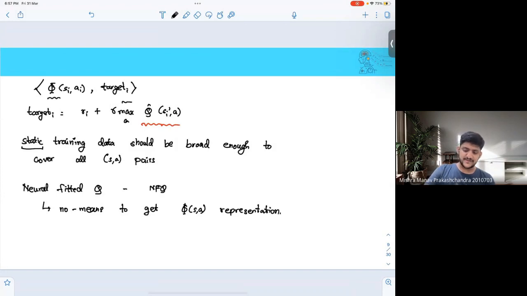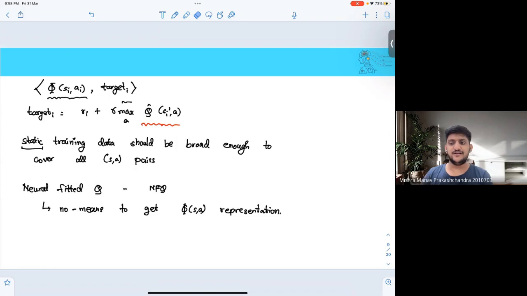I need to be able to represent my state action into the corresponding phi si comma ai representation. So in order to do that, people make use of a deep neural network. So you start with the fitted Q iteration step to encompass different kinds of training data.